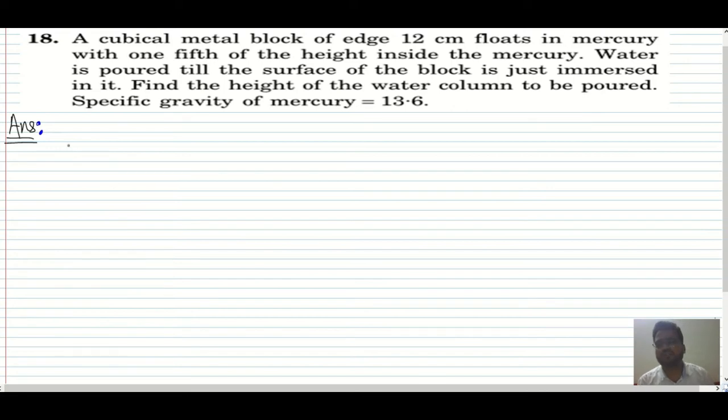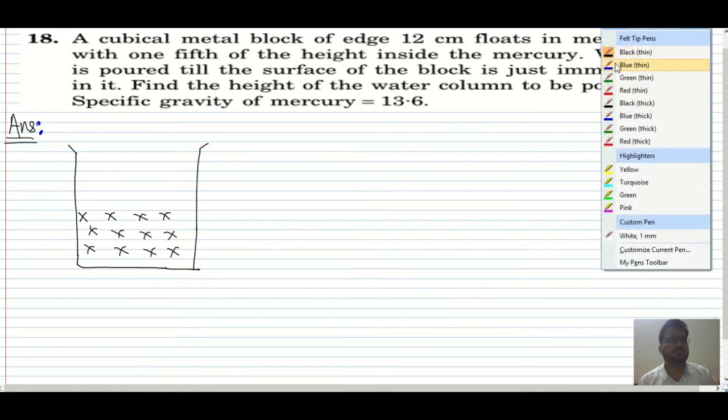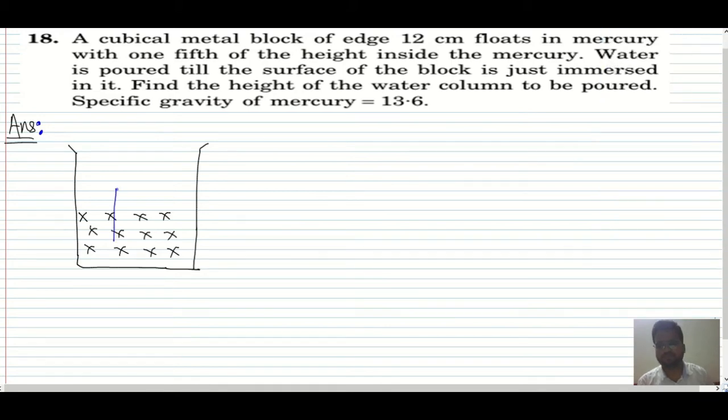So we have mercury in a beaker, ठीक है ना, and inside this mercury we have a metal block with 1/5 of its volume inside it, ठीक है. Or else height it is given h by 5, you can write. Okay, so this side is 12 centimeter given.